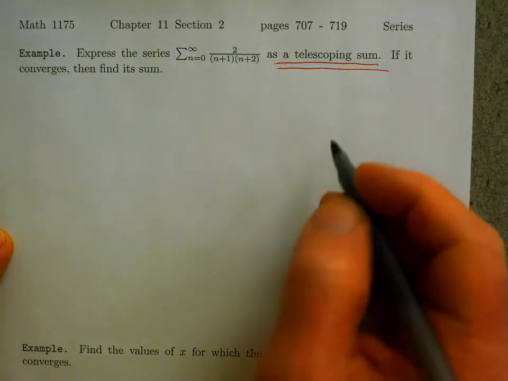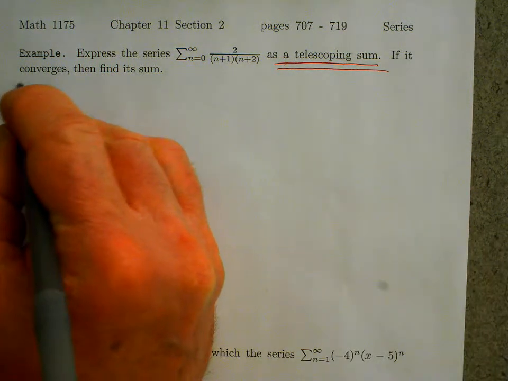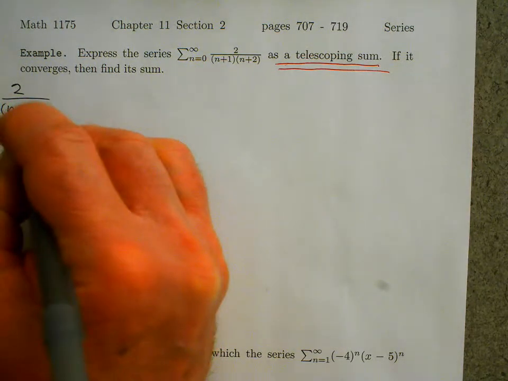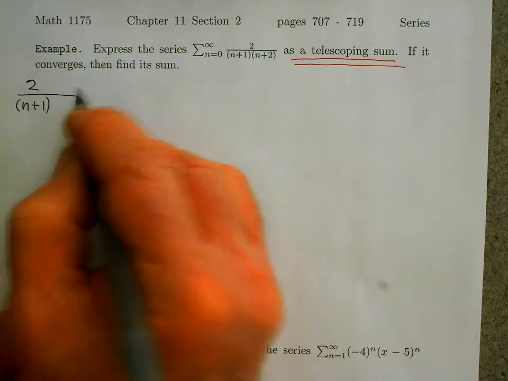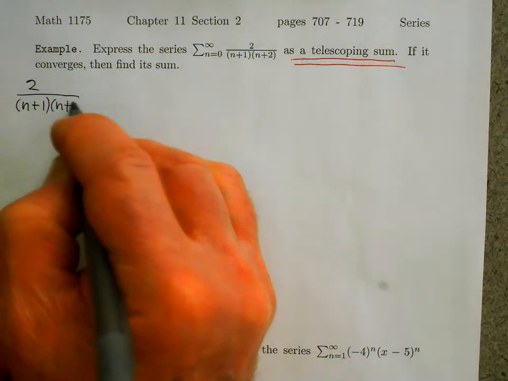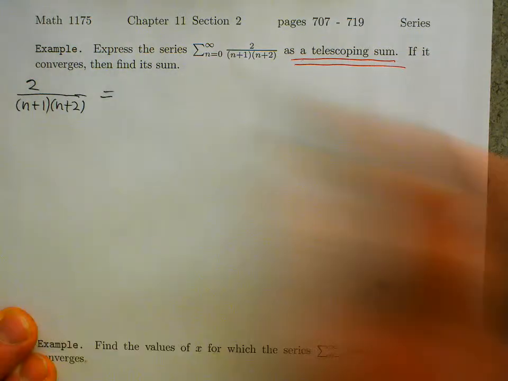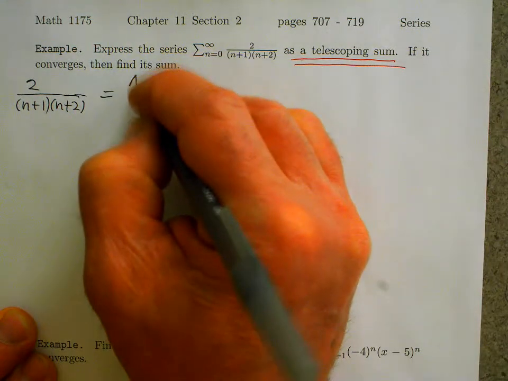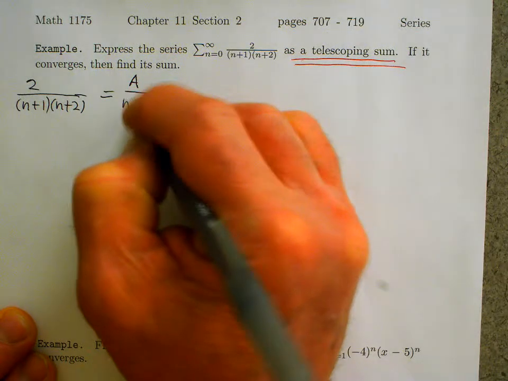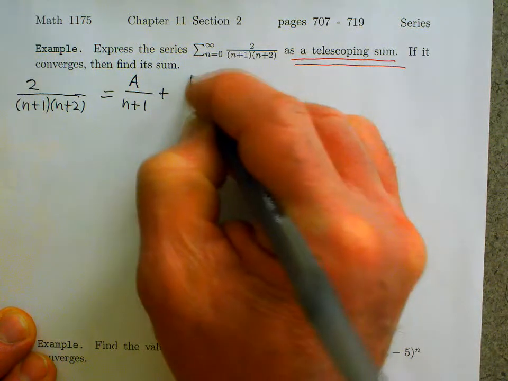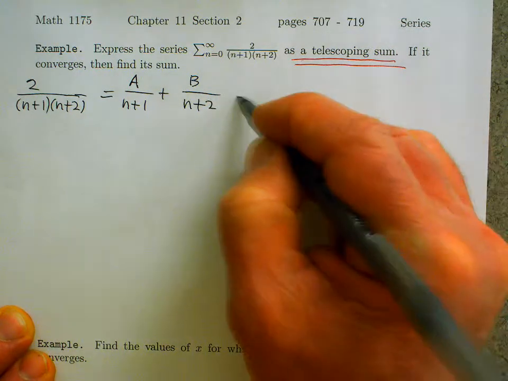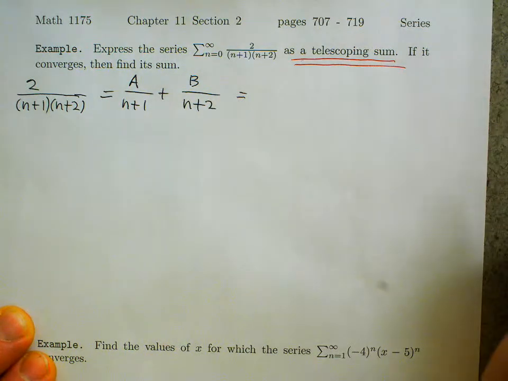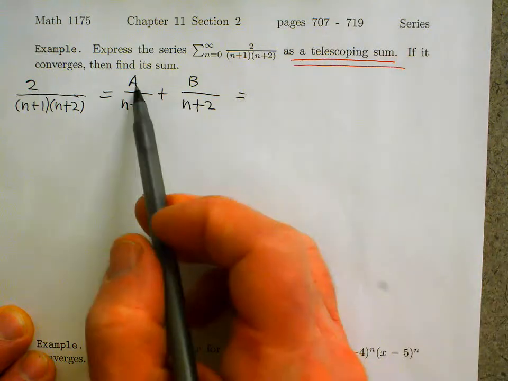So on this one, we want to use partial fraction decomposition to rewrite 2 over (n + 1)(n + 2). We'll start by writing it as a/(n + 1) + b/(n + 2). And then we want to find the values of a and b.